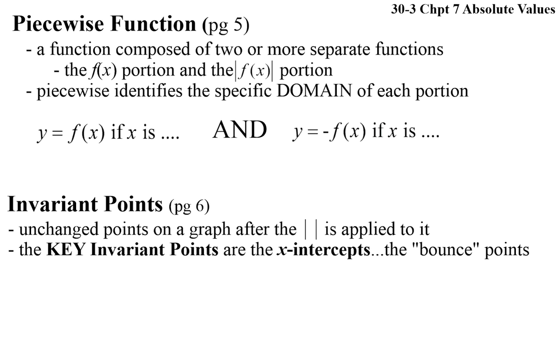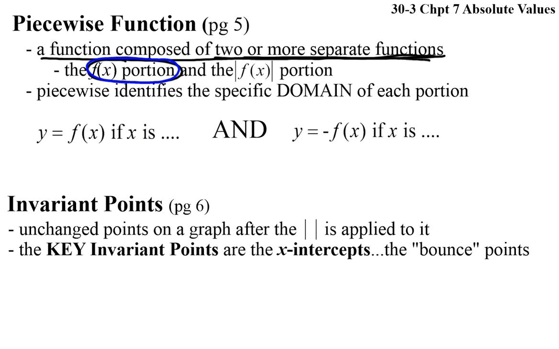Piecewise function. A piecewise function is a function that's composed of 2 or more separate functions. So why we have 2 separate functions is we now have the f of x portion of our graph, which I showed you on that last graph was what was in blue.